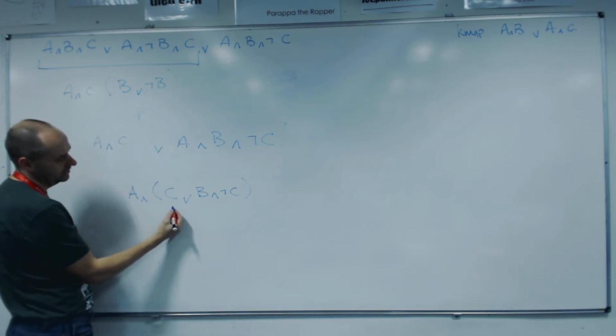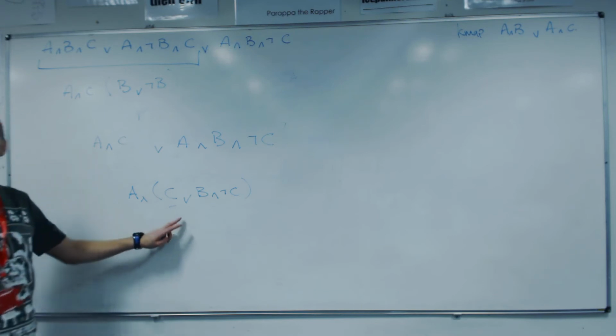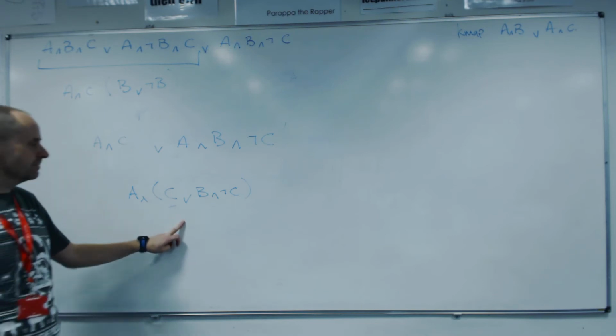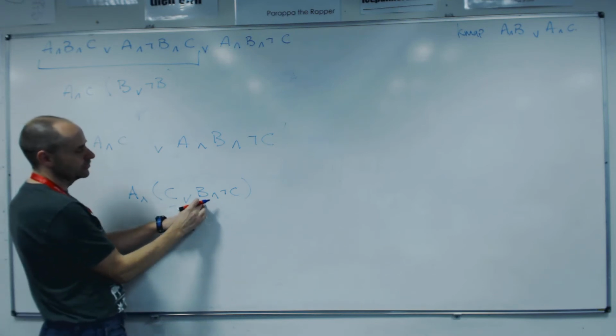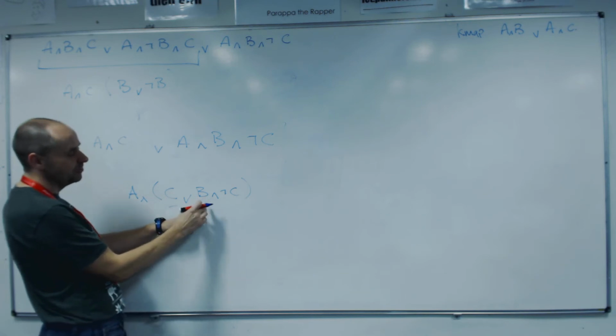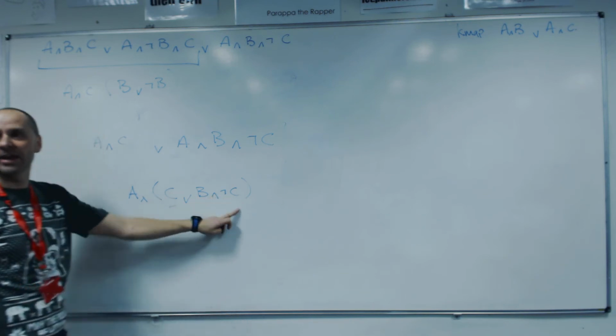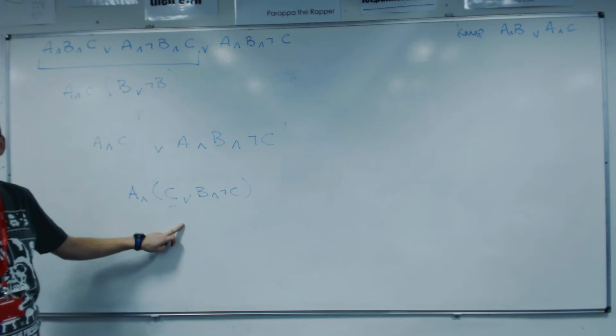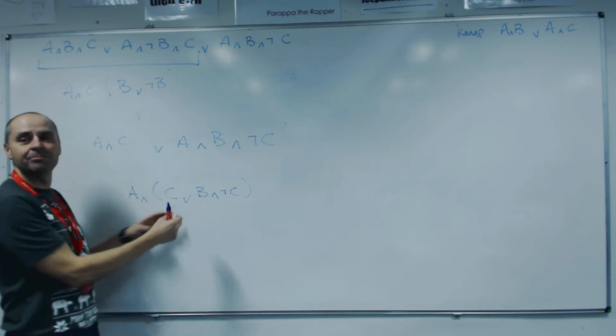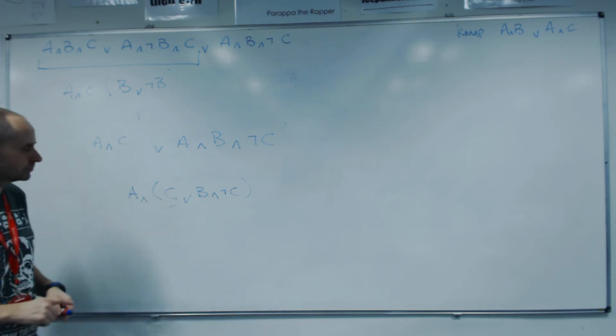I have got C, ored with some other term, but the not of that. Now that is one of the absorption rules. There's a massive bit of cancelling out that goes on.